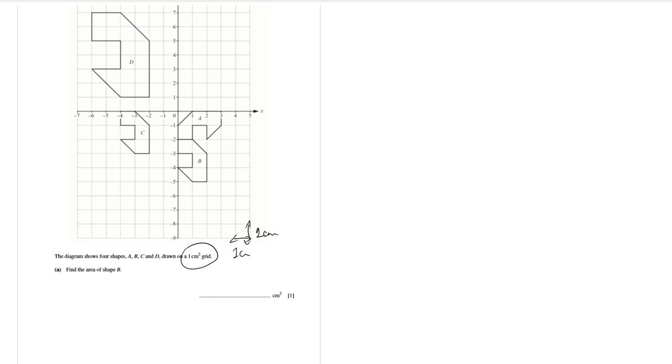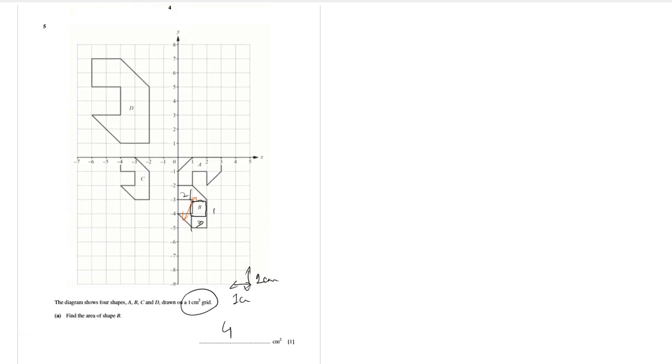So if you want to find the area of shape B, we know that this box would be 1 and 2 and 3, and if you join these two triangles, it will be 4. So its answer should be 4 centimeter square.